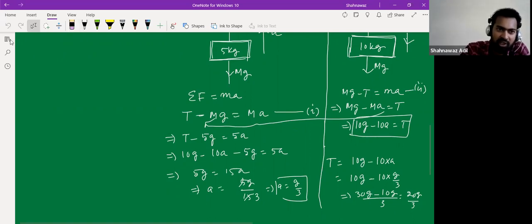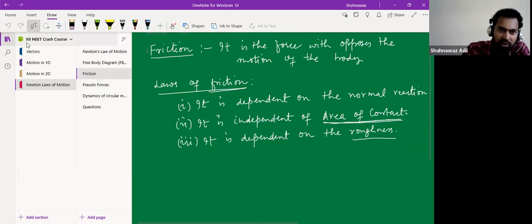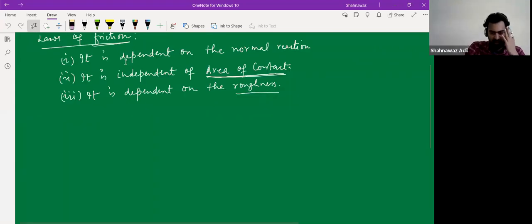And the force that I want to talk about here is the frictional force first, right? So I already talked about this in the earlier classes. As you know, there are two types of frictional forces, right? One is when the body is in static form, at rest. And when the body starts to move, the other kind of frictional force acts on it.